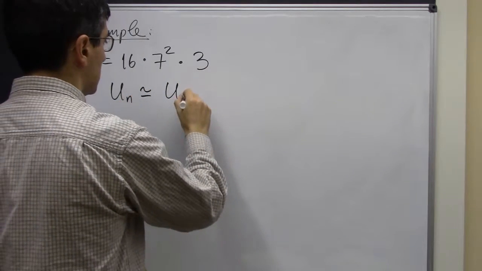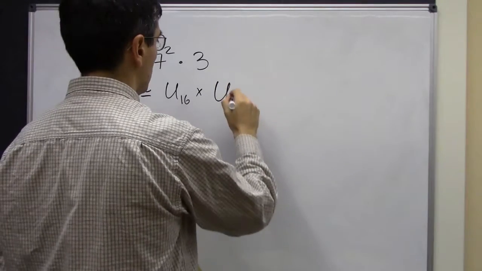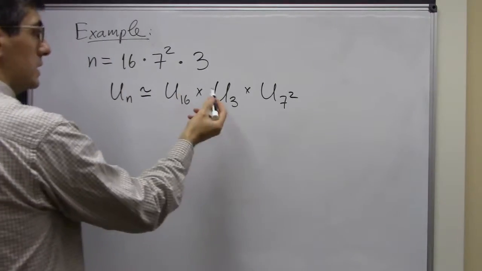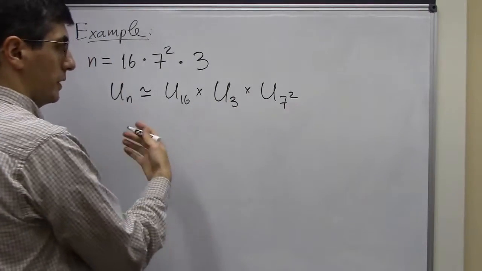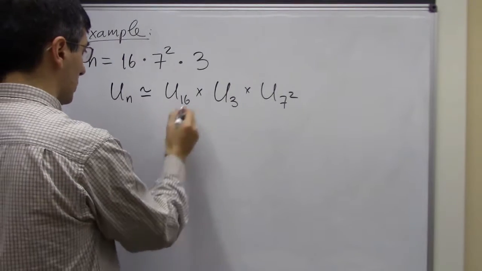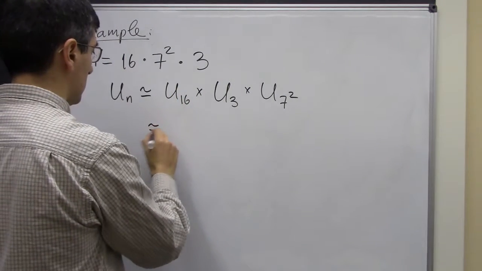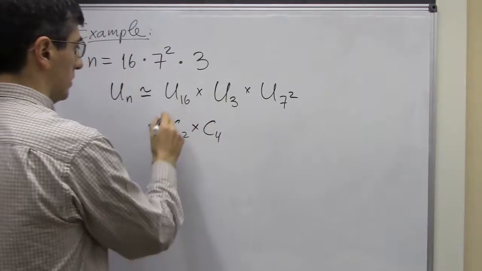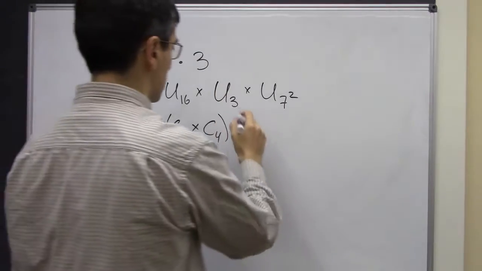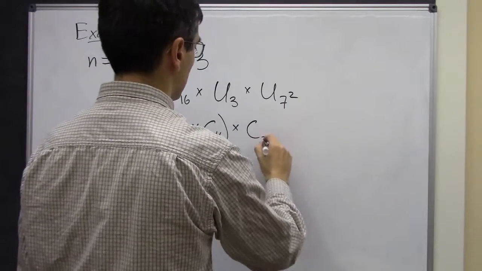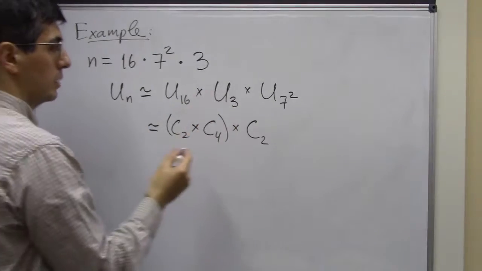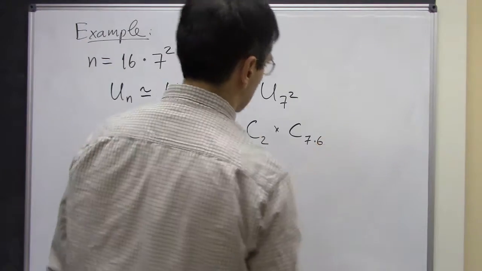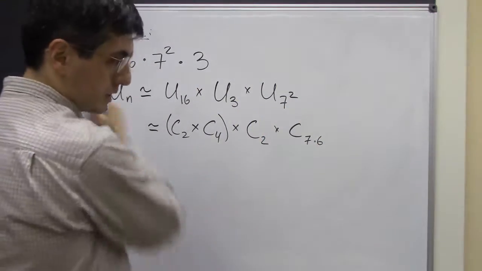So this is U16 times U3 times U7 squared. Now, what is each of these groups as an abelian group? Well, U16 is isomorphic to C2 cross C4, right? And then U3 is isomorphic to C2 again, because this is a prime. And then U7 squared is isomorphic to a cyclic group of order 7 times 6, which is the Euler number of 7 squared.